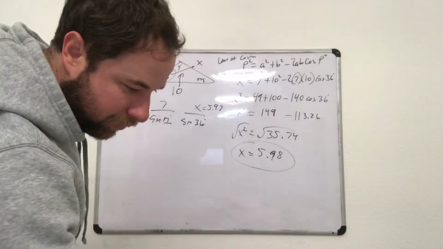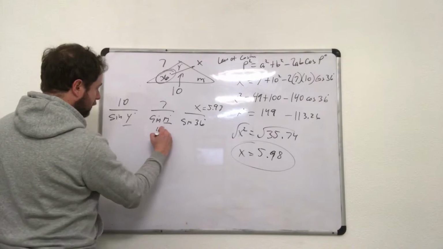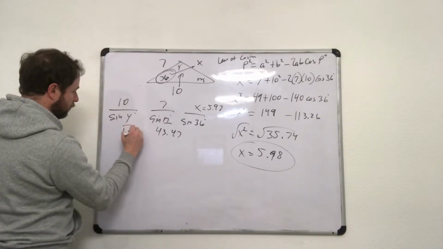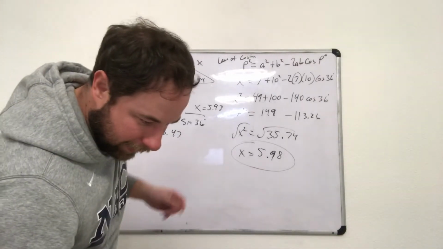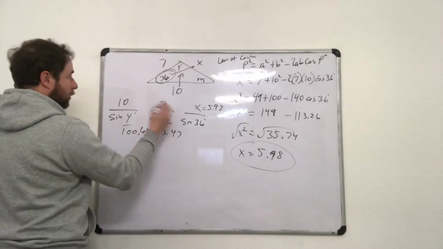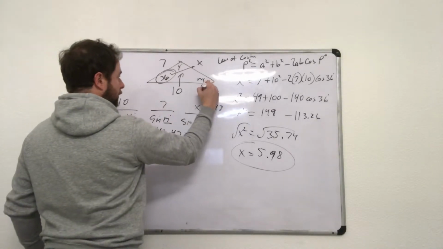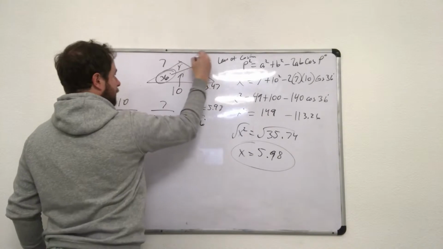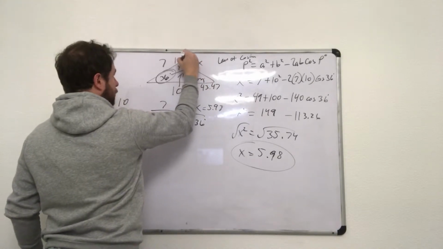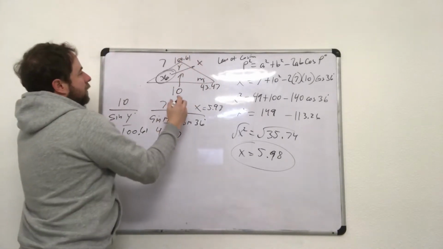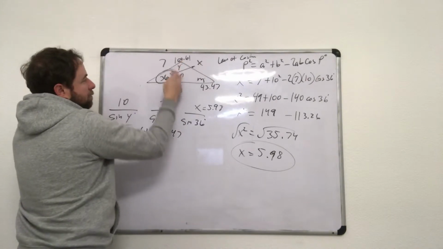Y is 100.61 and m is 43.47. So 100.61 is the biggest angle.